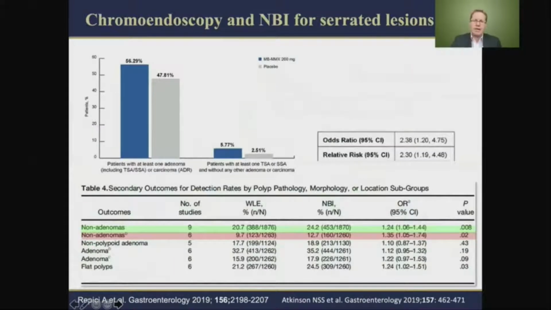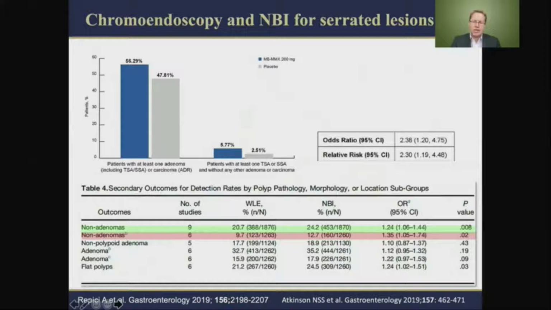Just to make those points, so for chromoendoscopy, this is analysis from Alessandro Rapici in the top section here, the methylene blue MMX study, where you take the methylene blue with the bowel prep, and you can see that roughly doubled serrated lesion detection, but we see that with dye spray in more conventional mechanisms of application.